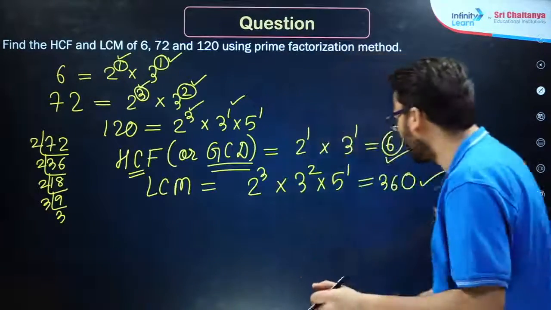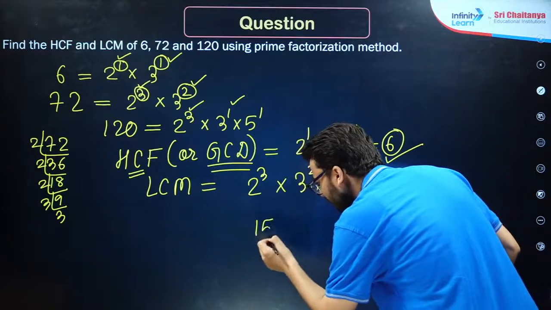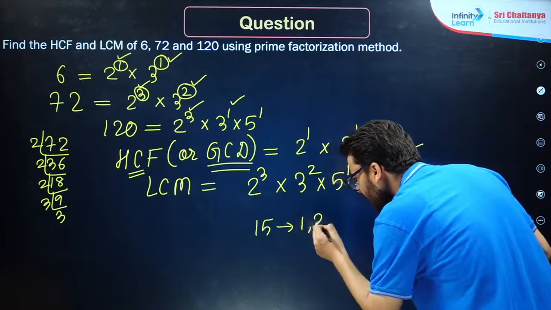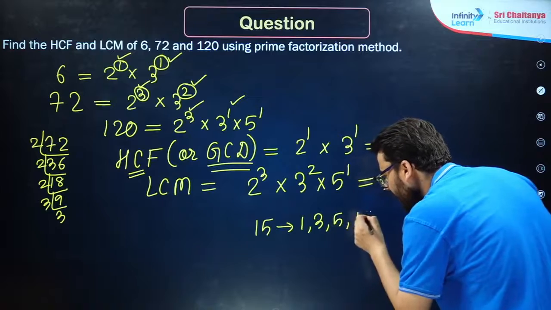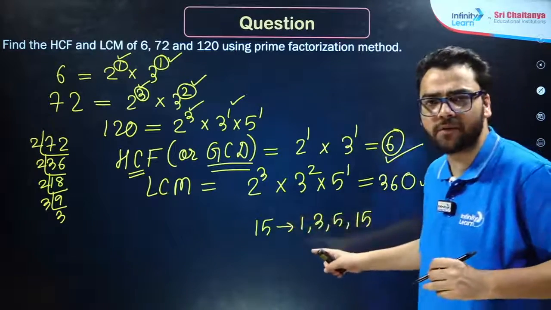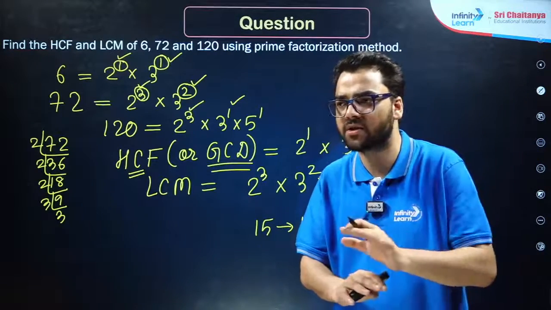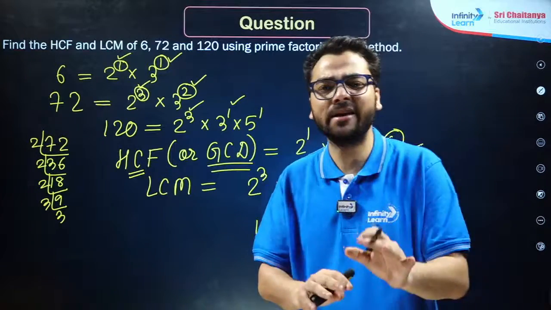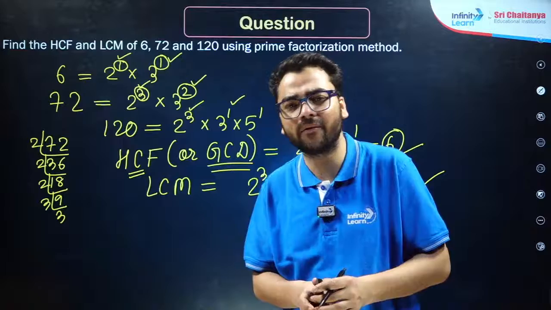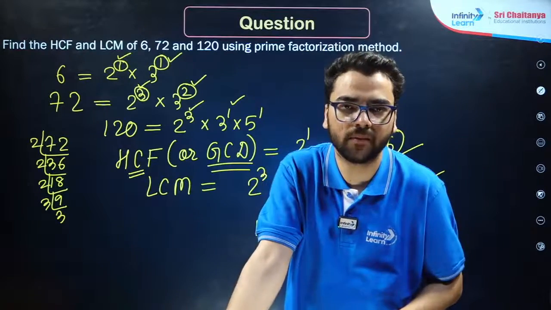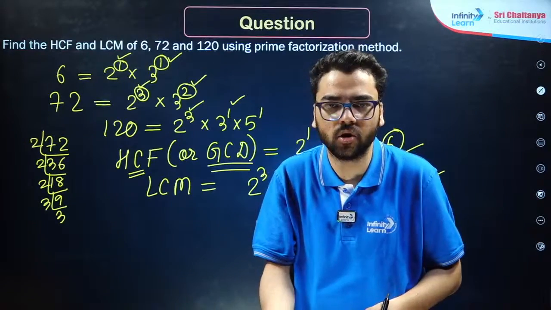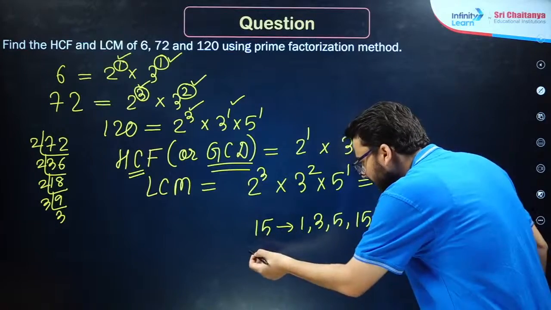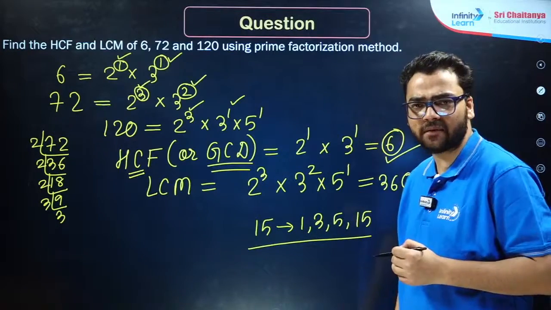For example, you have got 15. What are the factors of 15? 1, 3, 5 and 15. So can any factor of 15 greater than 15? It is not possible. We'll do that as well, Joshita. Any factor of any number can never be greater than that number because that is a factor. You got my point?